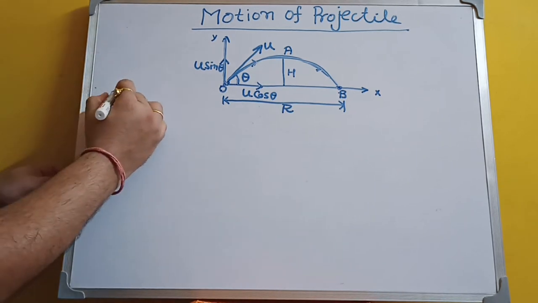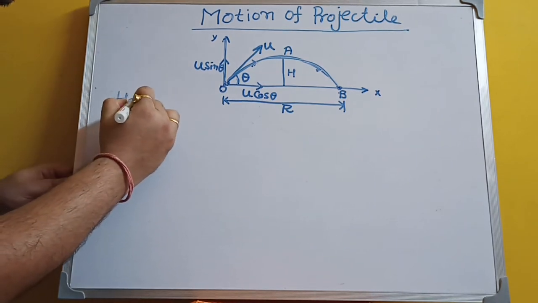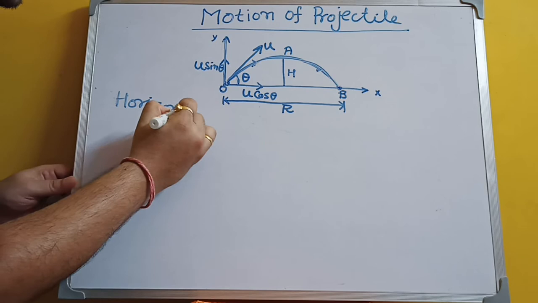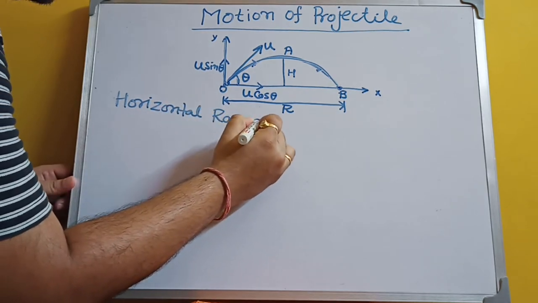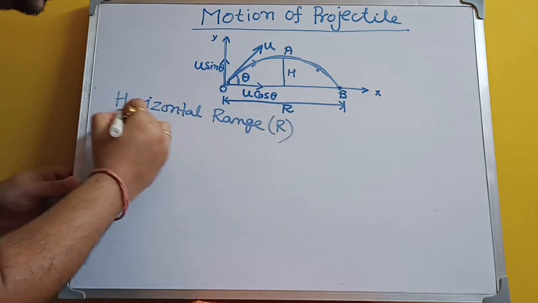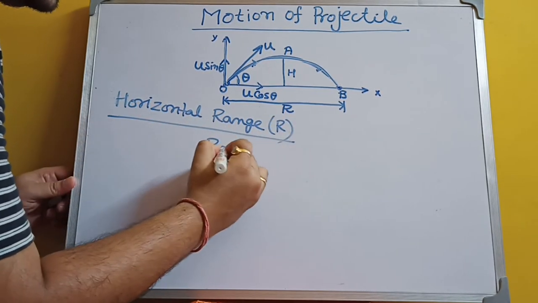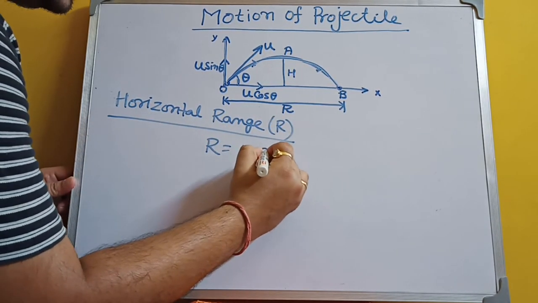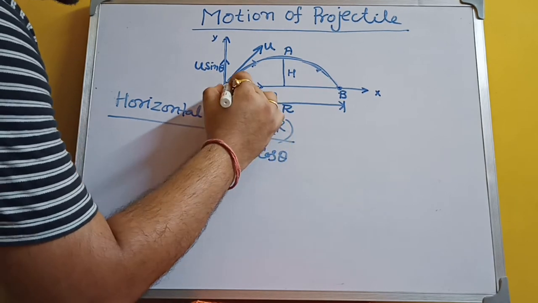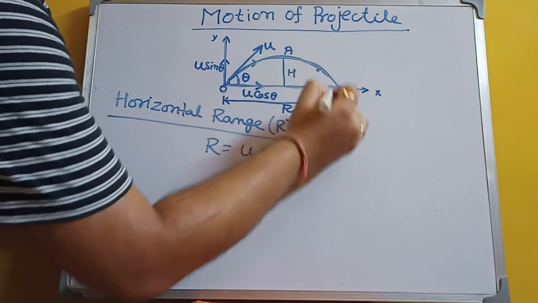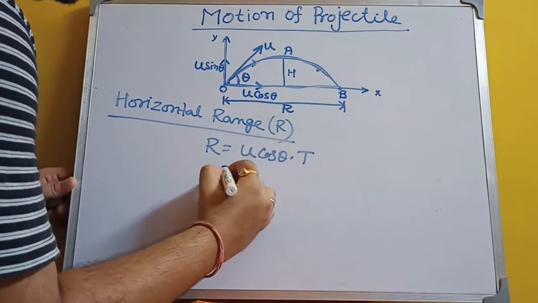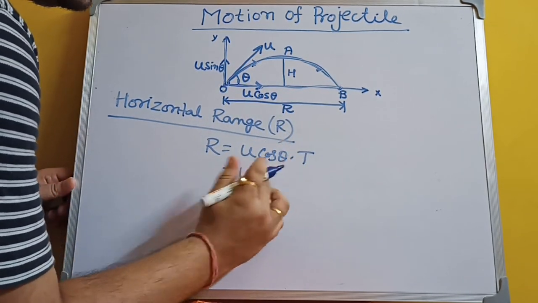Now we have to find the horizontal range. Horizontal range is r. What is the value of r? Here r is equal to distance, which is equal to velocity u cos theta into time. How much time is required? T. What is the value of t?